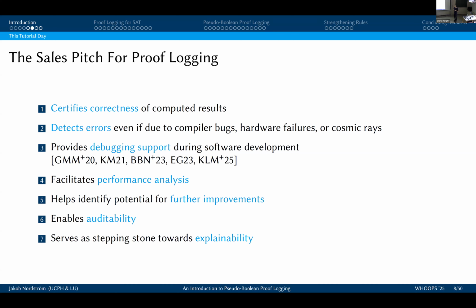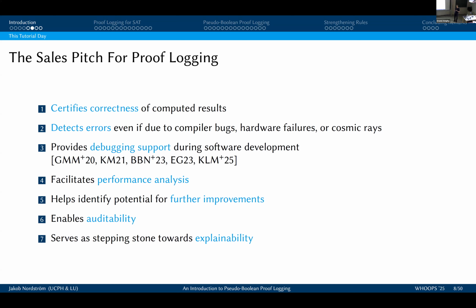Since the proof log that you generate with the certifying solver describes the solver reasoning, this also gives new tools to analyze what the solver is doing, to do performance analysis and maybe detect ways of improving the solver further. By its very nature, the proof log that a certifying solver generates is enabling auditability.